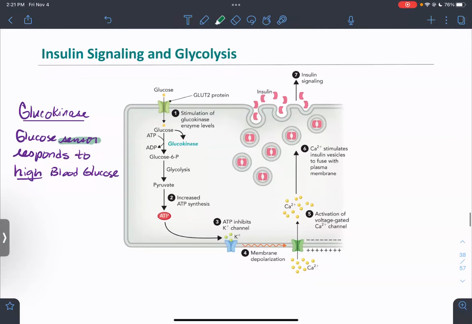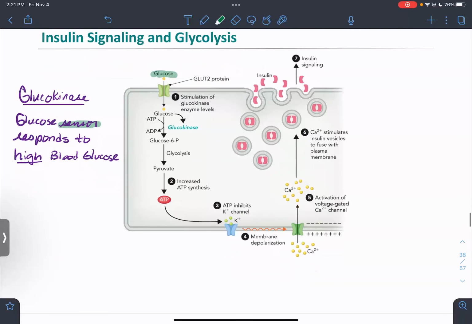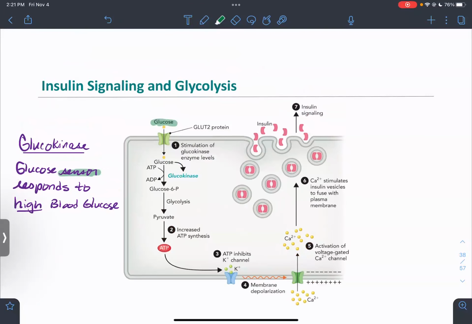So if we look, glucose comes in to our pancreatic cells, gets transported in through GLUT2, and that glucose goes through glycolysis. But the glycolysis is dependent on glucokinase, not hexokinase. So basically, no matter how much you go through the glycolytic pathway, it's not going to inhibit.